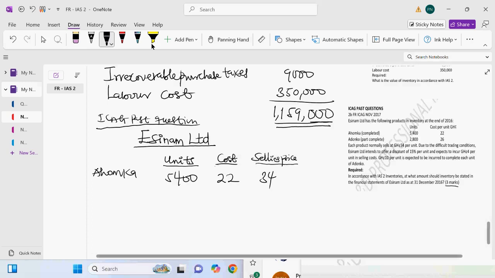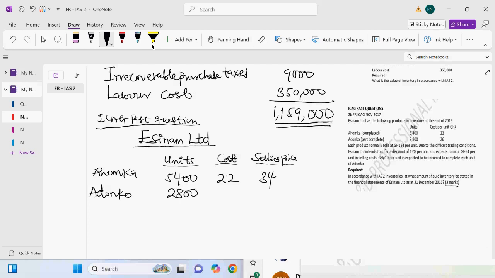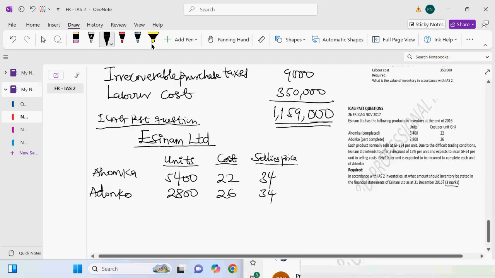Yes. So Adonko is also having 2,800 units. The cost is 26. Selling price is 34, right? Yes.